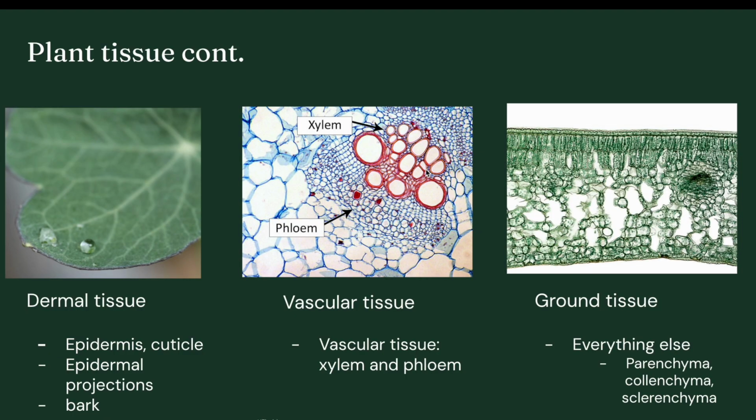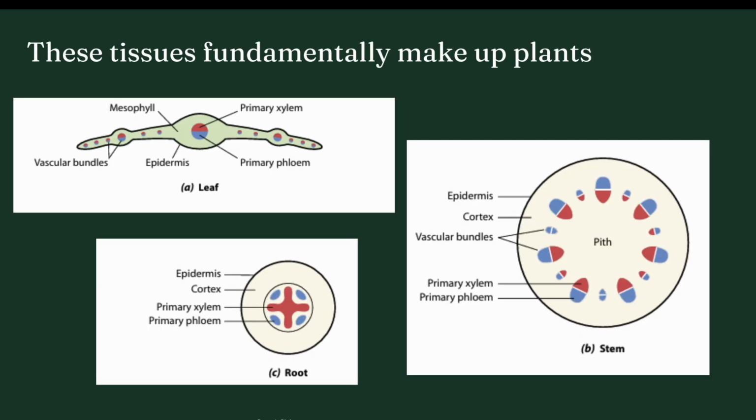Ground tissue is everything else, everything in between the vascular and dermal tissue, and also performs the actual functions of the plant. So in the leaves, the cells that actually photosynthesize are part of the ground tissue. It is composed of the parenchyma, collenchyma, and sclerenchyma, which we will get into when we reach plant physiology, but essentially that's all you need to know about ground tissue for now.